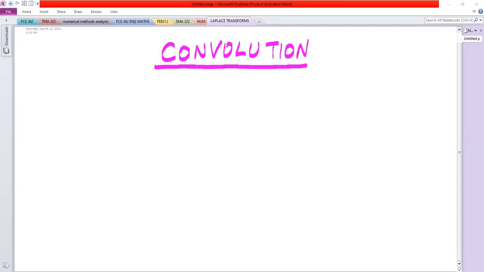So we start by defining what we mean by convolution of two functions, f and g. Definition. Let f and g be two functions.